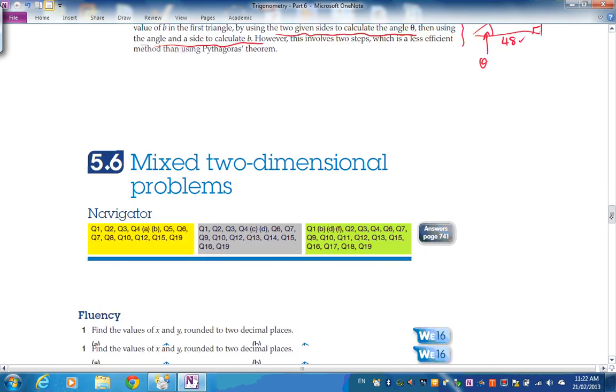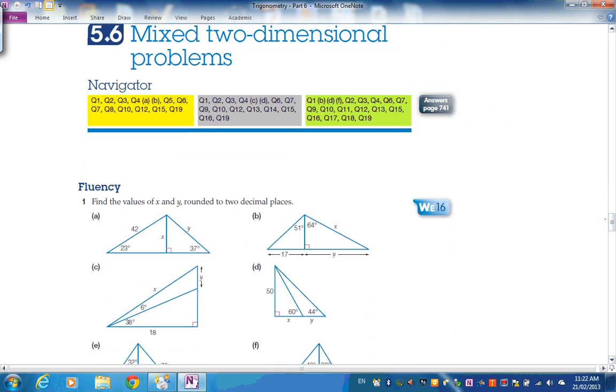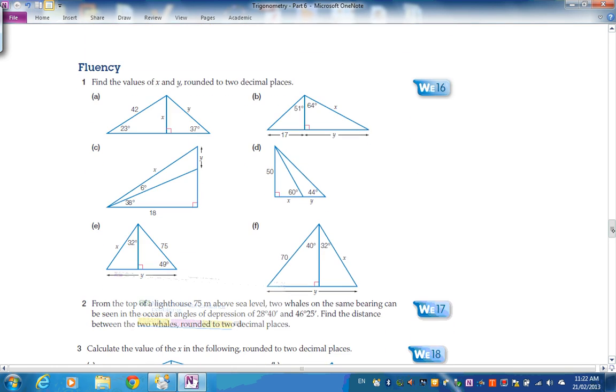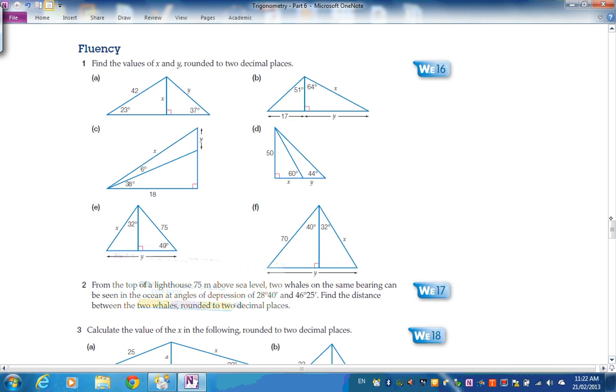Let's have a look at Pearson's practice problems here for you. I've just gone through worked example 16, so you might have a go now at questions 1 and 2 there. The answers are right down the bottom.